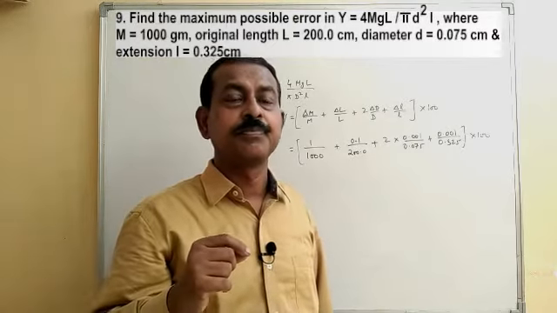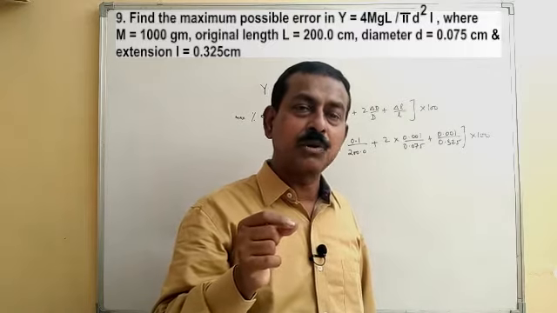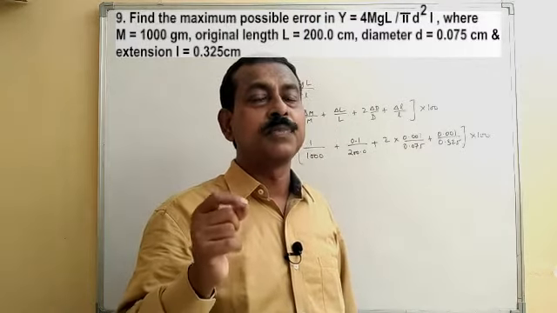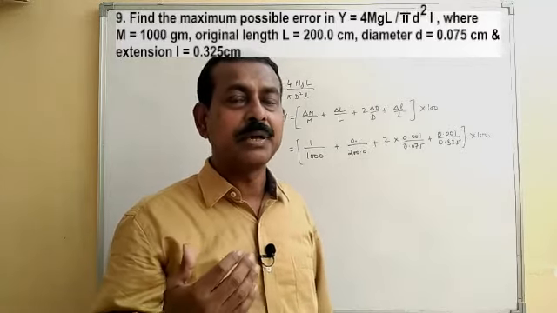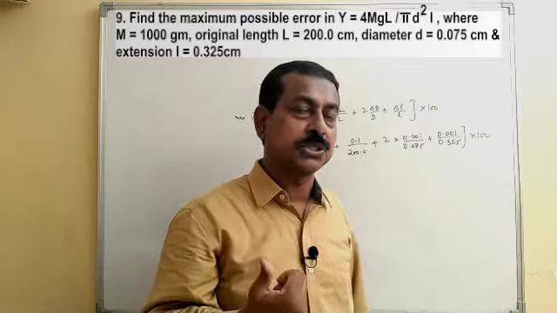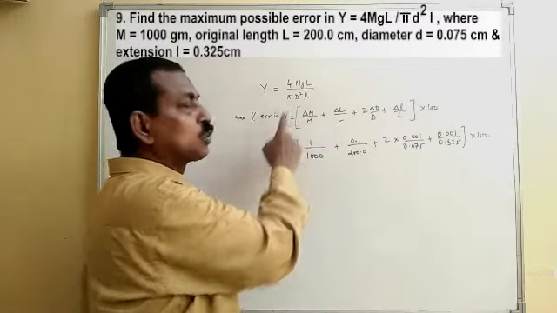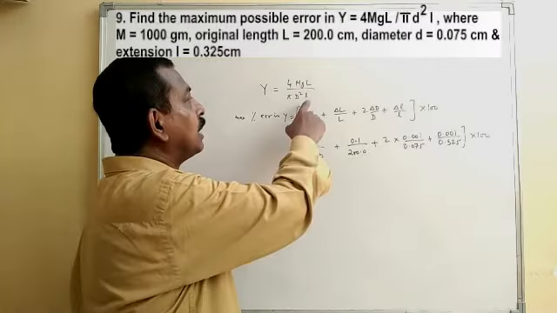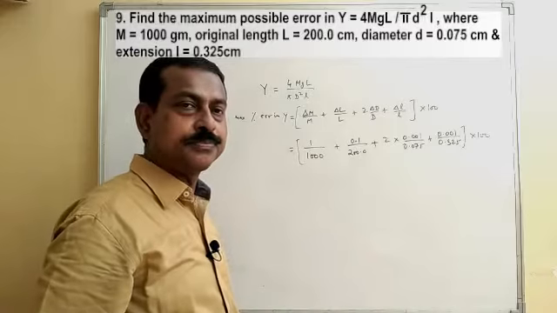We also measure the cross-sectional area of the wire, so we can write the stress, which is F by A, giving the same expression. Mg is just the force, pi d square is the area of cross-section, small l is the extension, and capital L is the actual length.